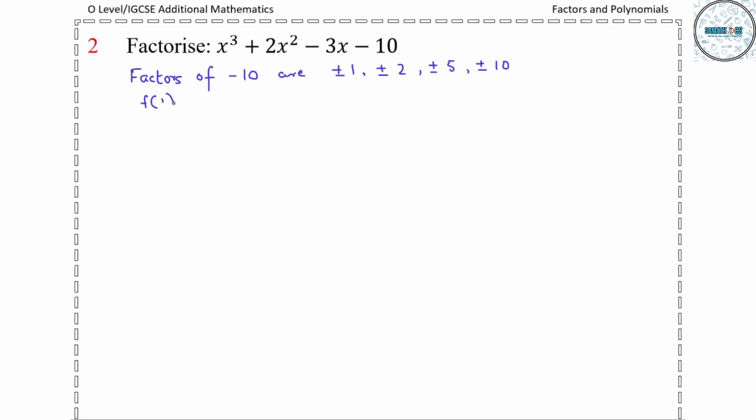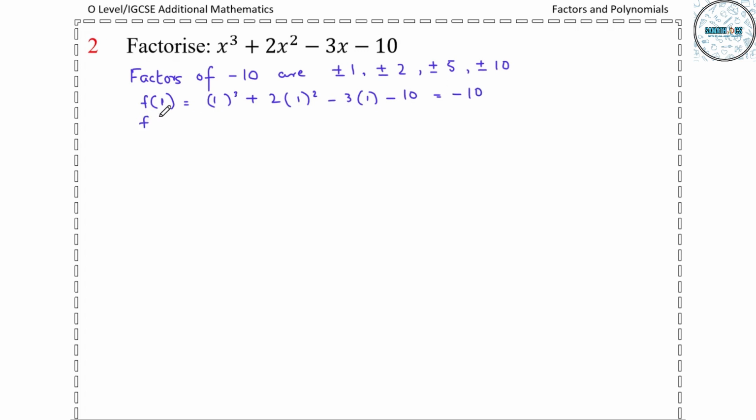First of all, we will substitute 1. So 1 cube plus 2 into 1 square minus 3 into 1 minus 10, which will give the result as minus 10.